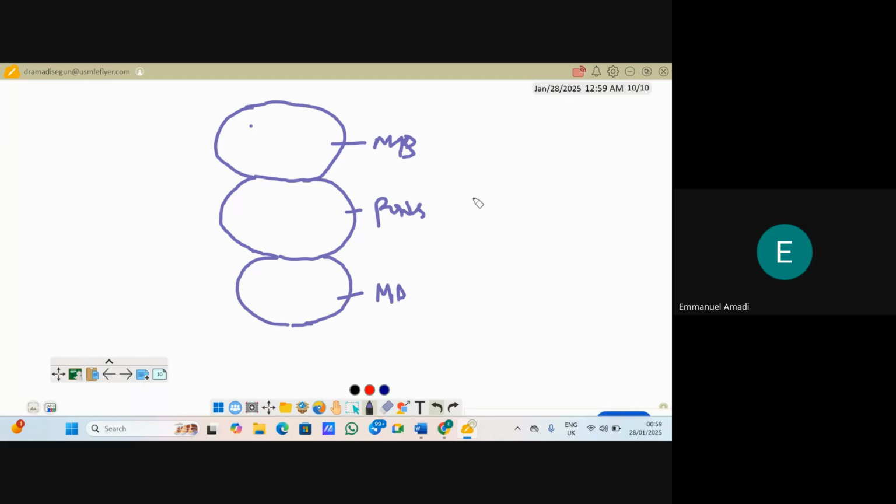Now, there are three things I want you to use to mark the territories of the brain stems. I want you to use the cranial nerves we talked about. I want you to use the M structures. I will explain. And I want you to use the S structures. I will explain.